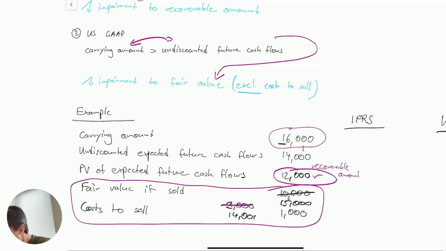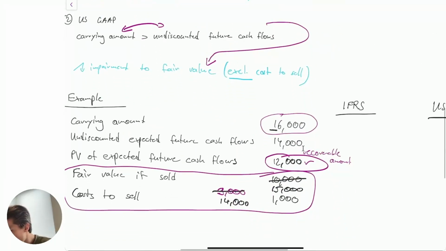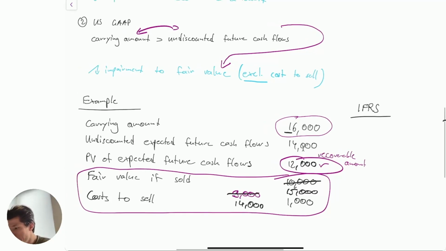Then your recoverable amount would not be present value of expected future cash flows. Then your recoverable amount would be fair value minus cost to sell, would be 14. And then you would have a write down from 16 to 14, and you would have an impairment loss of 2,000. Yeah, so recoverable amount under IFRS is always the higher between fair value if sold minus cost to sell and value in use.